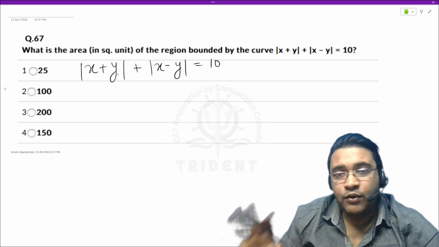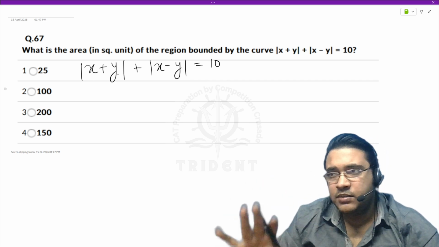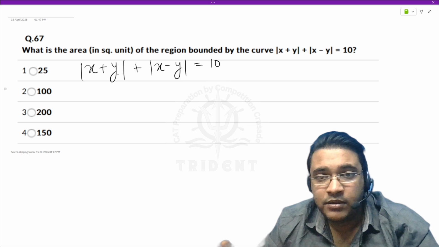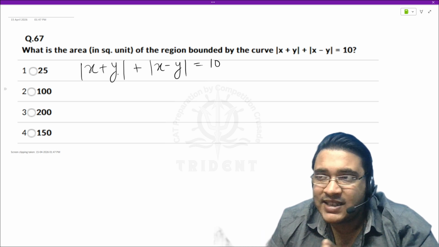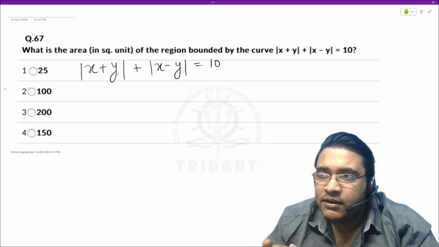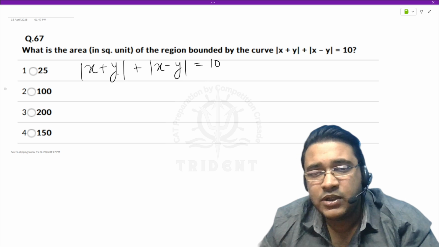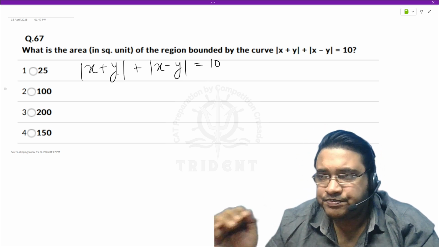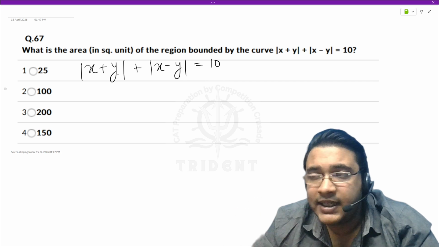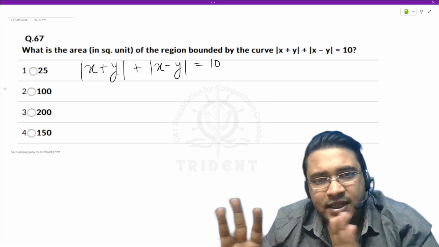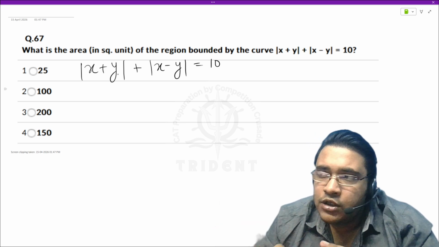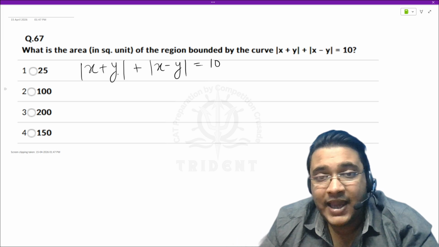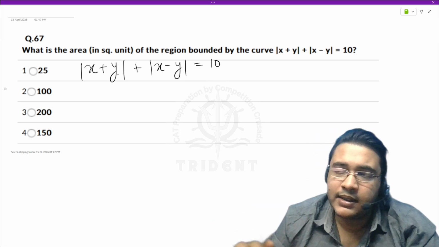So there are only four instances possible if you imagine this equation without the modulus. Why am I saying that? Because it's a two variable, 1 degree equation, which means a linear equation, so it has to take the shape of a line. Now what sort of a line? That is what I am interested in.